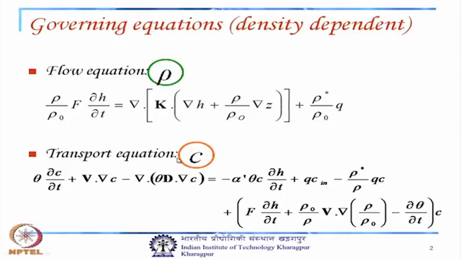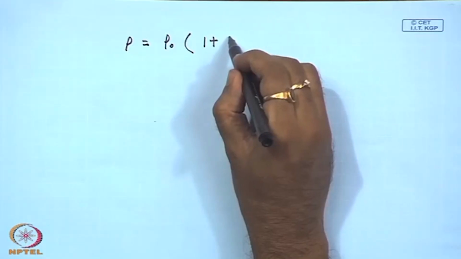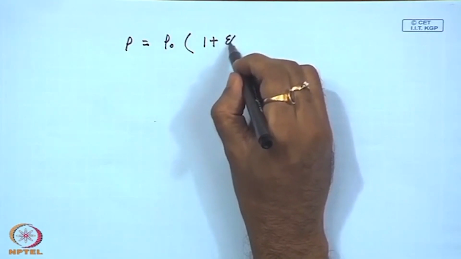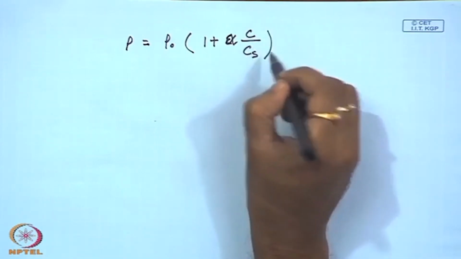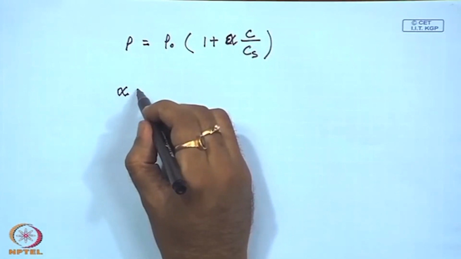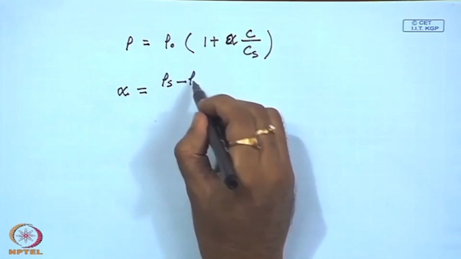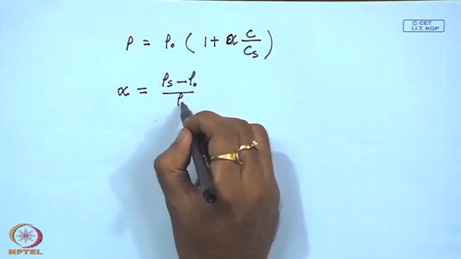And this is the transport equation. So, this density is related to the concentration with a relationship which defines that density is basically rho naught times 1 plus alpha times C divided by Cs, where alpha is rho s minus rho naught divided by rho naught.